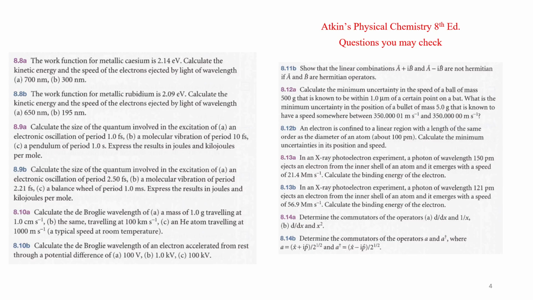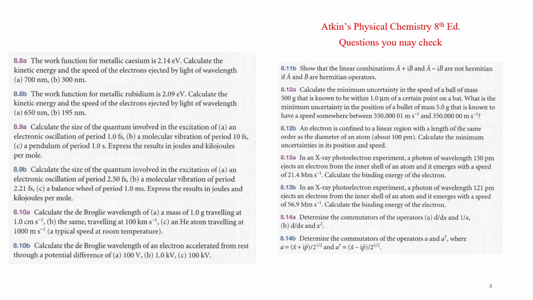Here, calculating the size of quantum means we need to calculate the energy of quantum. Obviously, energy of quantum we know is hc by lambda, or in other words h nu, where nu is frequency, and frequency is related to the oscillation period.